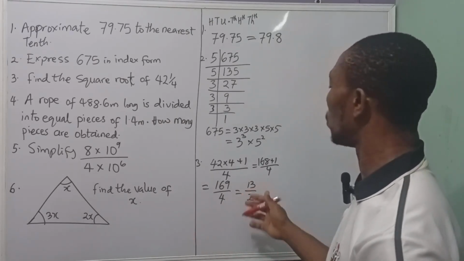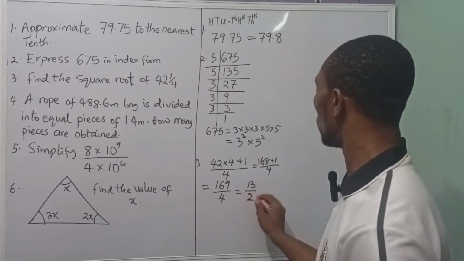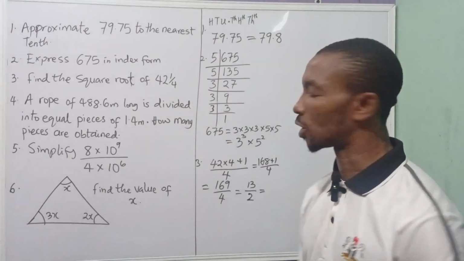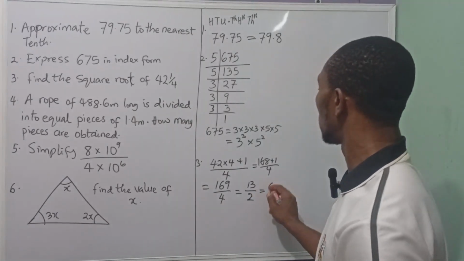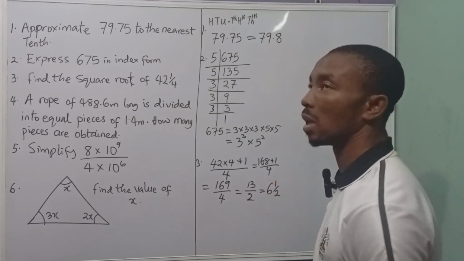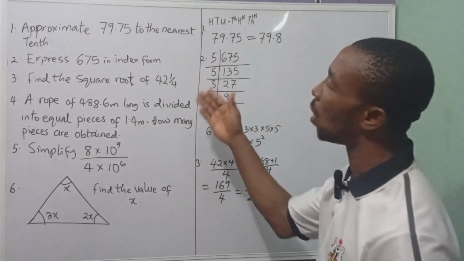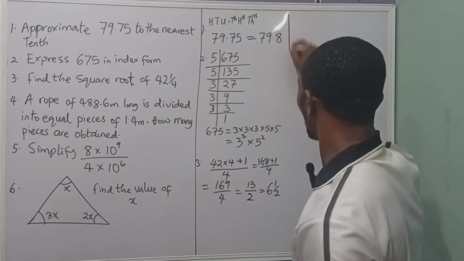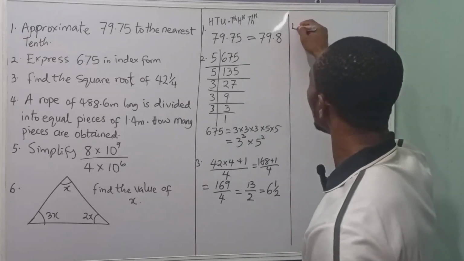So our square root will become 13 over 2. Changing it back to a mixed fraction gives us 6 whole number 1 over 2 as the root of the question.